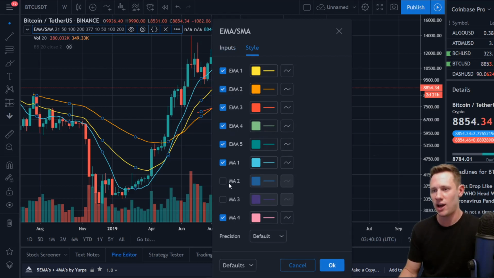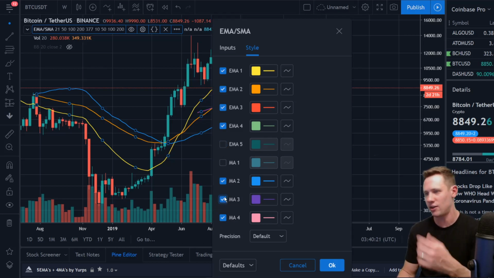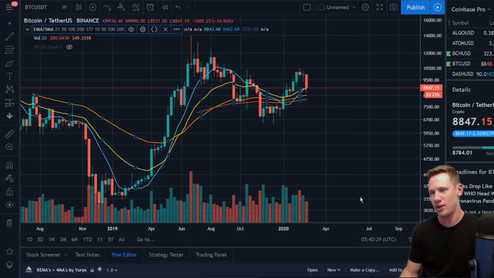I don't usually have the 50 or the 100 simple moving averages checked, but in case I want to look for a golden cross or a daily cross on the simple, I can always highlight this and close out these guys and just look at that if I like, or if I'm looking for the 100, I can click on that there. But when I'm just using my standard settings, this is how I have it. Alright, so that's that basically.